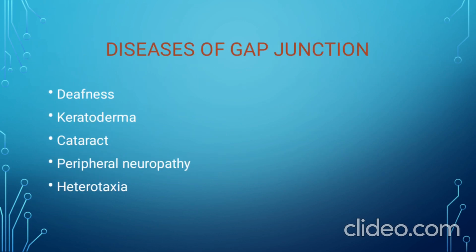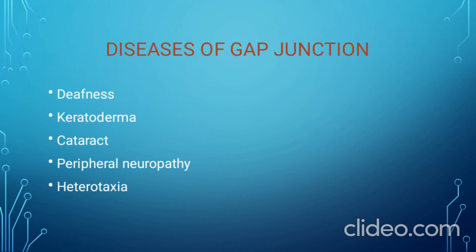The diseases of gap junction include deafness, keratoderma, cataract, peripheral neuropathy, and heterotaxia. Keratoderma is thickening of the skin on palms and soles, while cataract is opacity of the lens of the eye. That's like a cloudiness, a person experiences like a cloud in the lens of the eye.